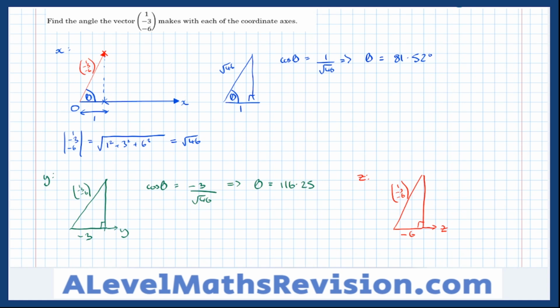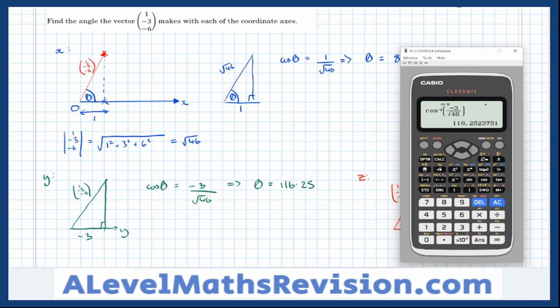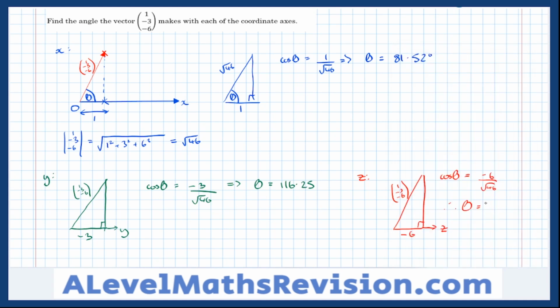So cos theta equals adjacent over hypotenuse, this time -6 over root 46. Therefore theta equals the inverse cos of -6 over root 46, which gives 152.21 degrees. So that there is the method for finding the angle between a vector and the coordinate axes.